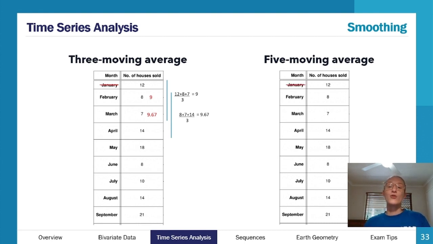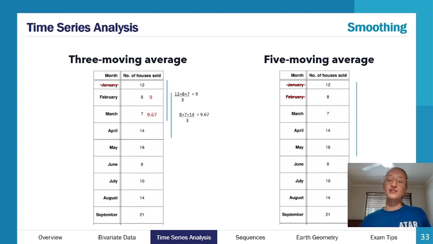That also means we can't use January, but it also means we can't use February. And if we went all the way to the end of this year's data, we also couldn't use November and December because there's no 2 points after November and December. Same with our 3-moving average, except we just wouldn't be able to use December because we could average November, but then we couldn't do it for December.